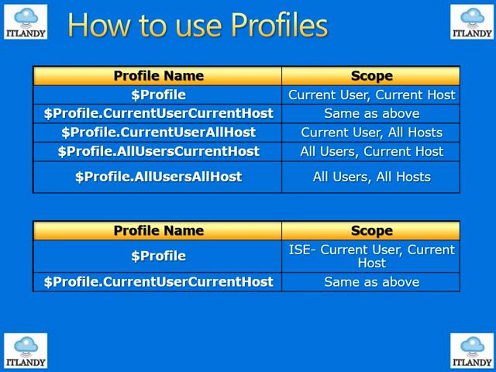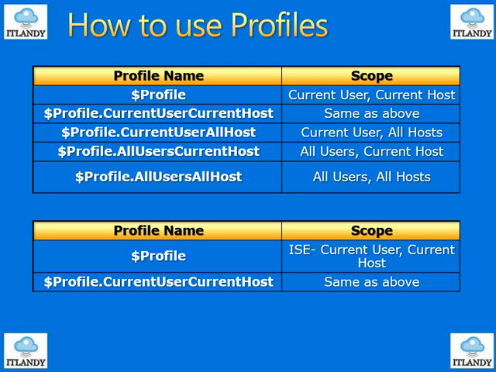Profile name and scope: $profile is current user, current host. $profile.CurrentUserCurrentHost is the same as the above. $profile.CurrentUserAllHosts is only the current user on all hosts, $profile.AllUsersCurrentHost is all users, current host, and $profile.AllUsersAllHosts is all users, all hosts. Profile name $profile ISE is current user current host, and the last is the profile current user current host, same as the above.